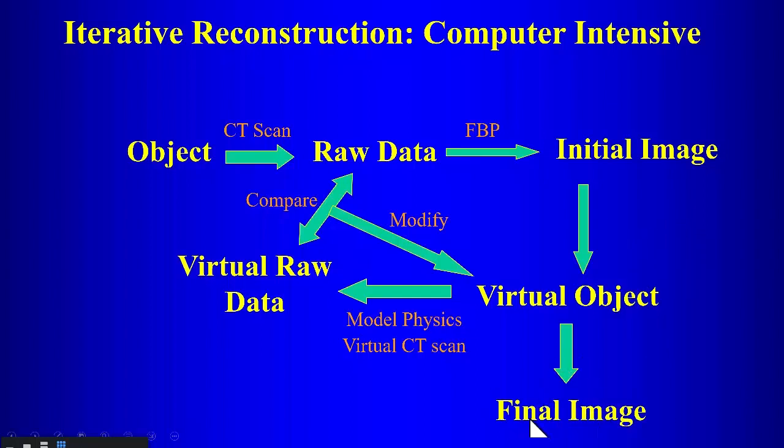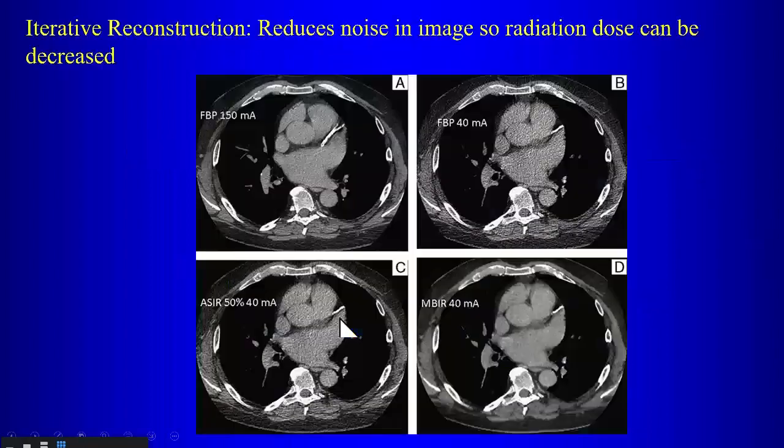This image has less noise. The major advantage of iterative reconstruction is it gives you less noise in your image, meaning that you can reduce the exposure factors up front to get diagnostic images just like you did with filtered back projection, but you can get them with less dose.